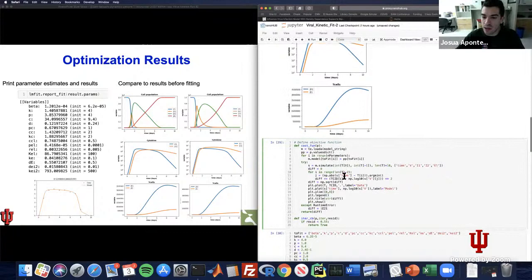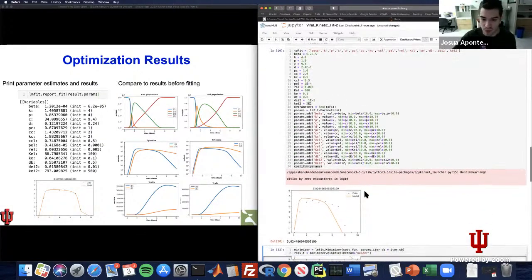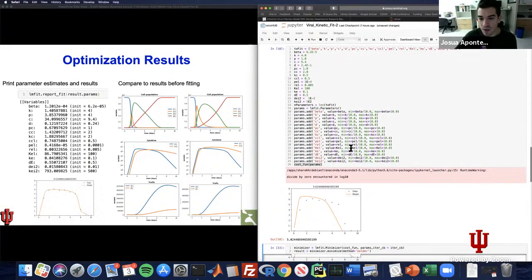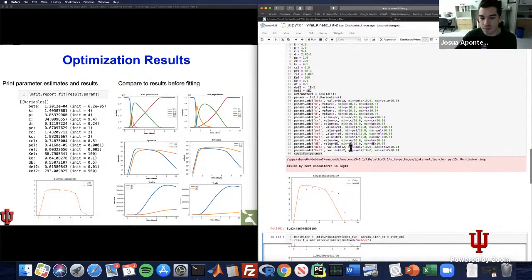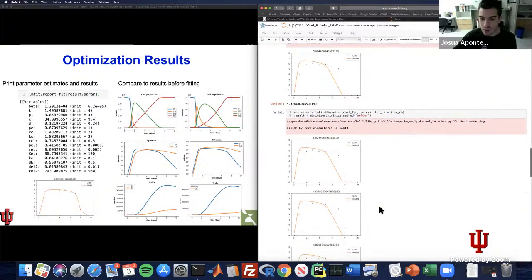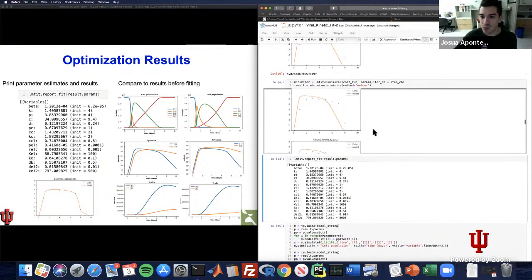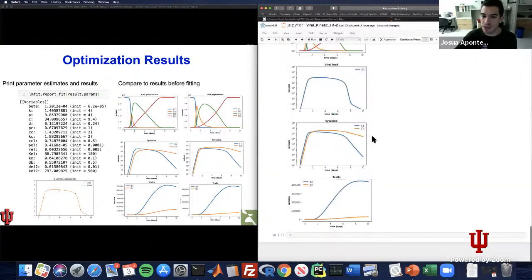It will ignore the last 2 points in my data set. But then now I can run the optimizer again and see what it's doing. Basically, I told the optimizer to ignore those last 2 points in the data set.